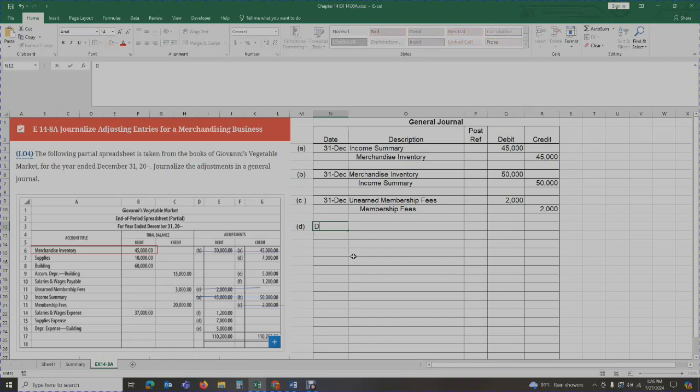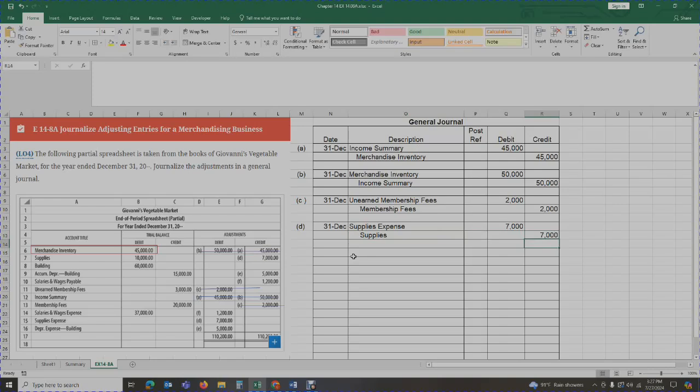So this is happening on December the 31st. What is happening? I am going to have to record my supplies expense account. I have to recognize an expense for those supplies used during the period. And I'm going to decrease the balance of my supplies because I no longer have 10,000 of supplies. I've just used up 7,000, so I need to decrease my supplies account by 7,000.